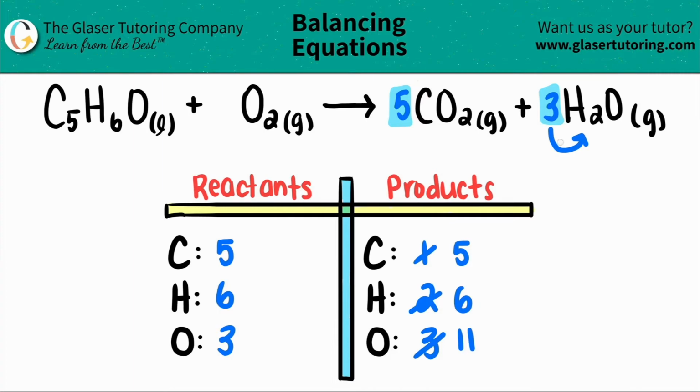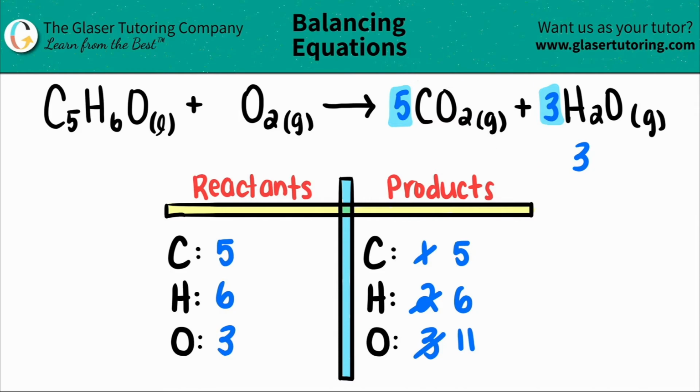And now keep in mind that there are oxygens over here and here, because we have to distribute the 3 to the O. There was 3 oxygens here, so 3 plus, there was a total of 10 oxygens here, right? Because 5 times 2 is 10.